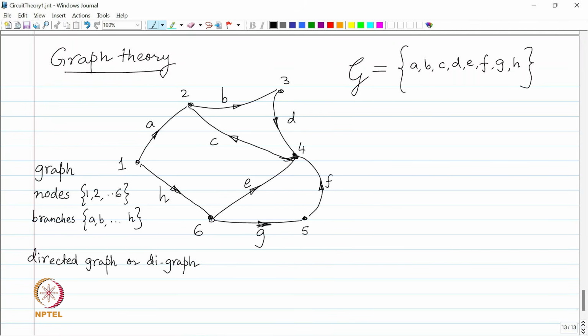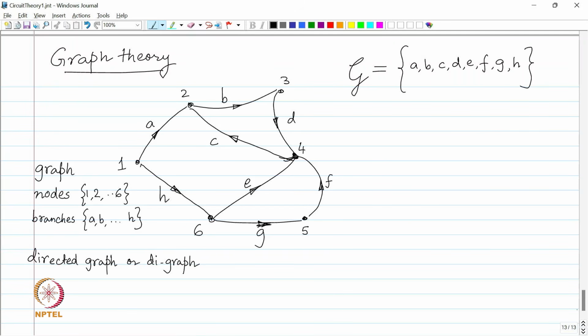Fine. What is the difference between a graph and the digraph? Arrows. Okay. These arrows are random right now, but eventually these will align with directions of currents, hopefully, right.